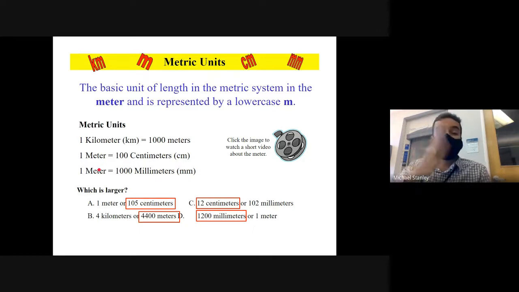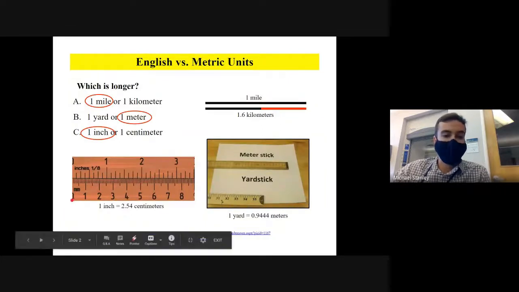We can also break a meter into even smaller chunks, into millimeters. So there are 1,000 millimeters in 1 meter. So if you look at our little meter stick from the last page, these big numbers here represent our centimeters.